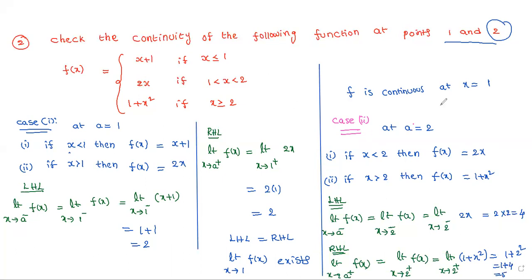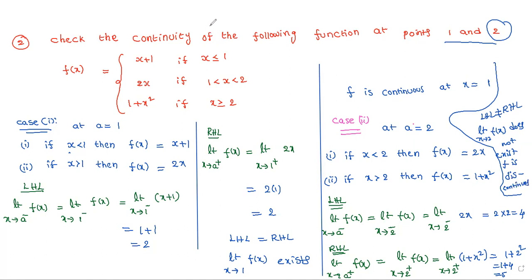Both are not same. LHL is not equal to RHL. Limit as x tends to 2 of f of x does not exist. F is discontinuous. Okay.